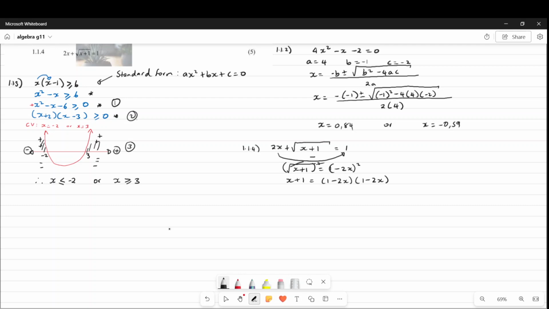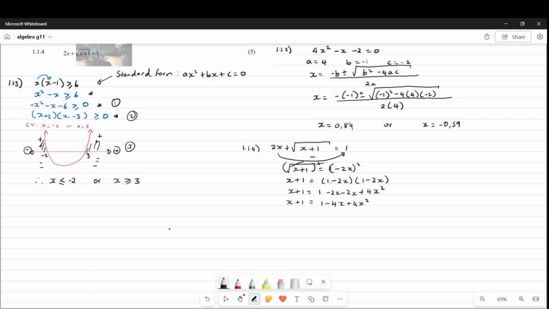So 1 times 1 gives you 1, 1 times -2x is minus 2x, negative 2x times 1 is minus 2x, and negative 2x times negative 2x is positive 4x squared. So x plus 1 is equal to 1 minus 4x plus 4x squared.